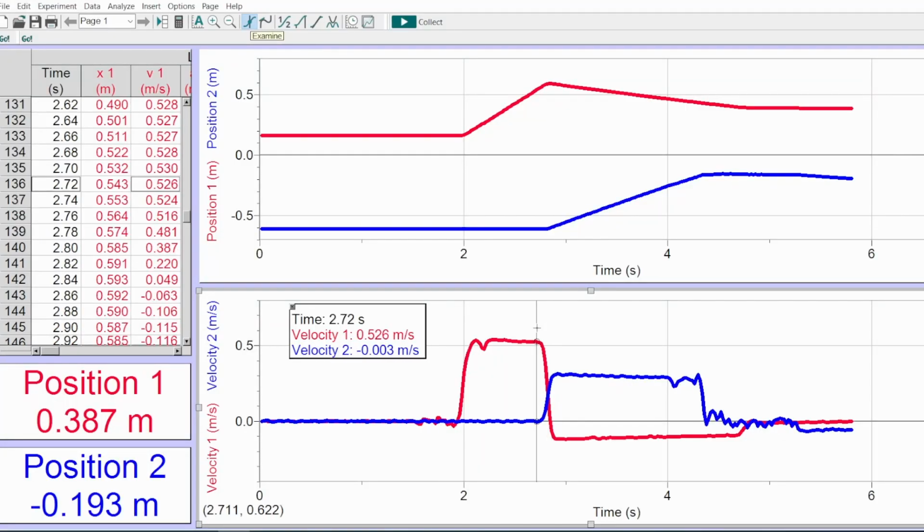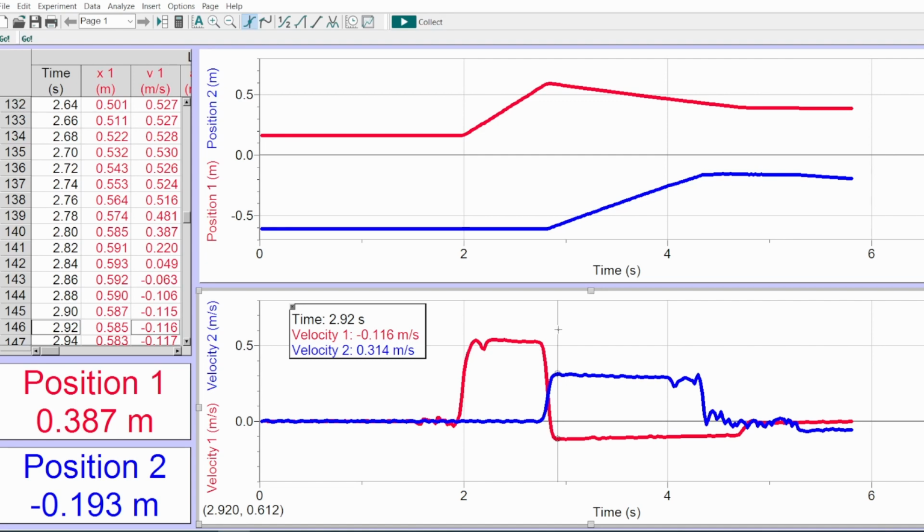Okay, so just before the collision, the initial velocity was 0.526 meters per second. Just after, velocity 1 is negative 0.116 meters per second.